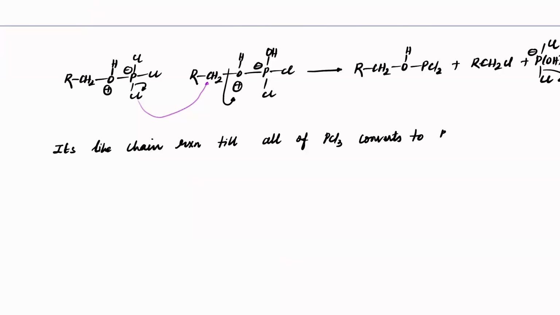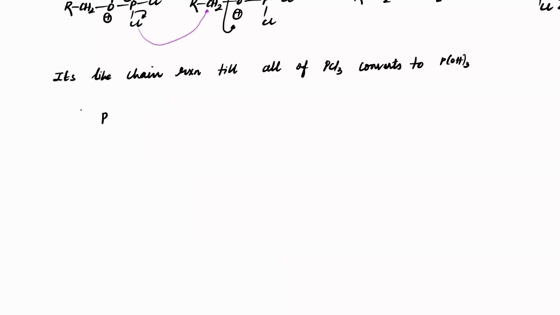converts to POH thrice. Now POH thrice, mind you students, we have OH, OH and OH here. So this lone pair will attach here. So minus will take here. This is tautomerization.